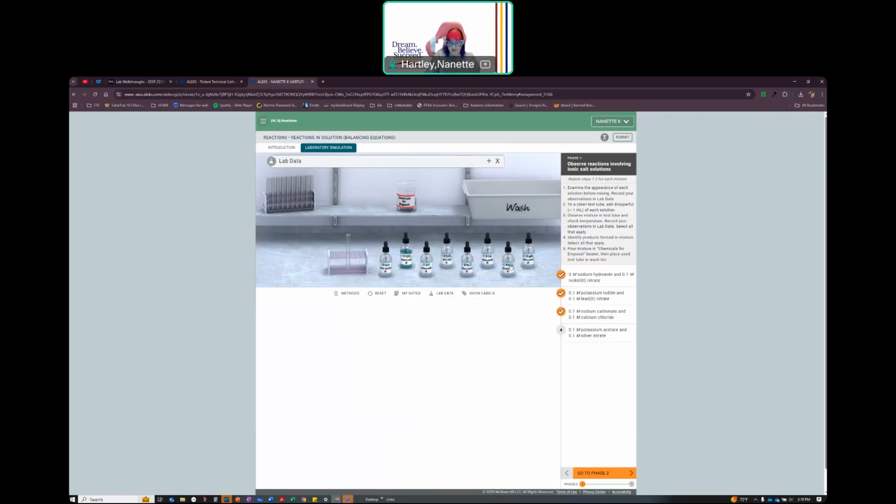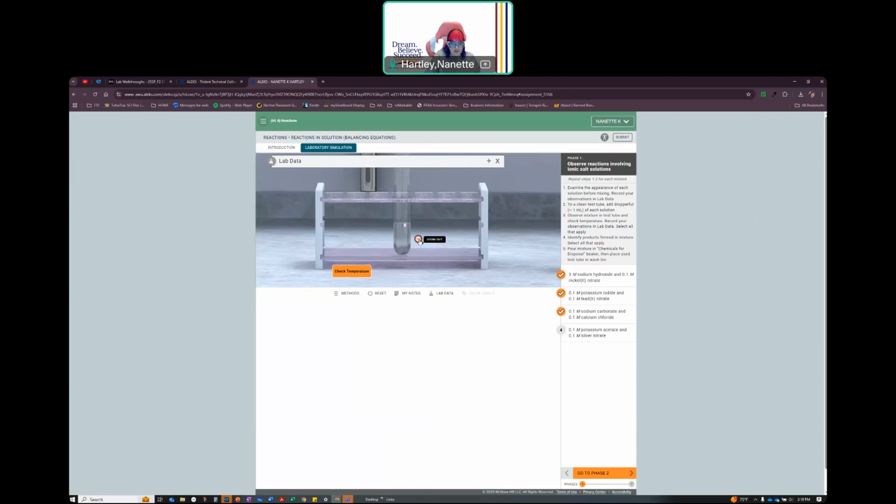So now I need the potassium iodide acetate, which is here, clear, again, colorless. And this one, which is a silver nitrate, which is also colorless. And looking at that, I don't see anything, and I don't see anything there. So I had two colorless solutions.